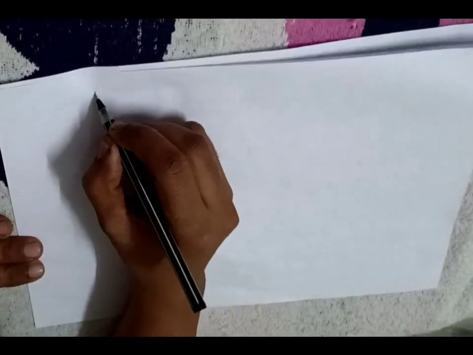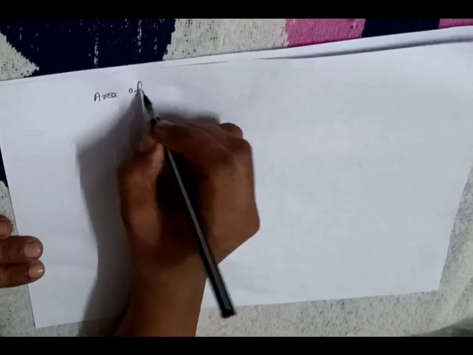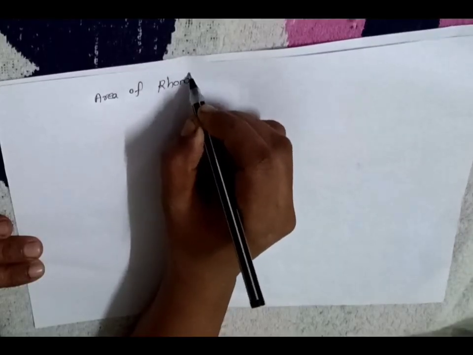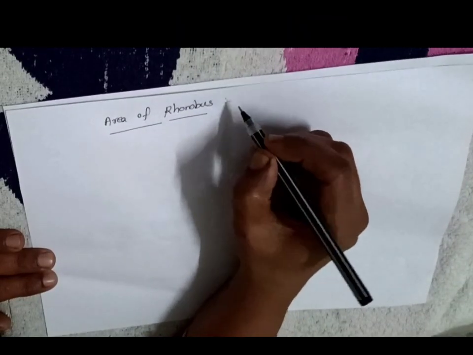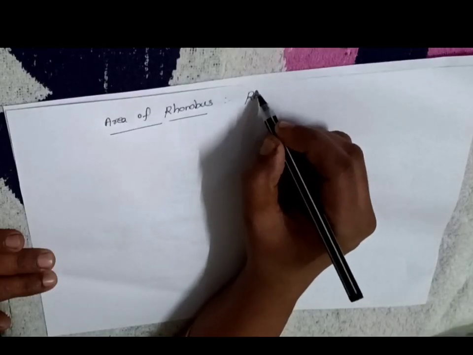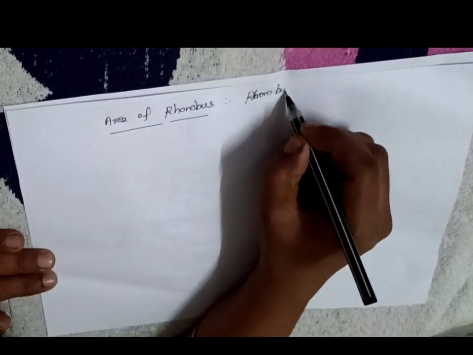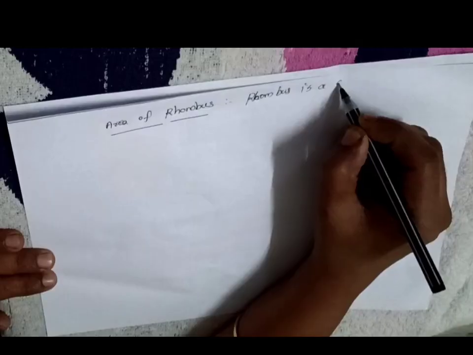Next, we have to find out the area of a rhombus. How can we define it? A rhombus is a special quadrilateral.